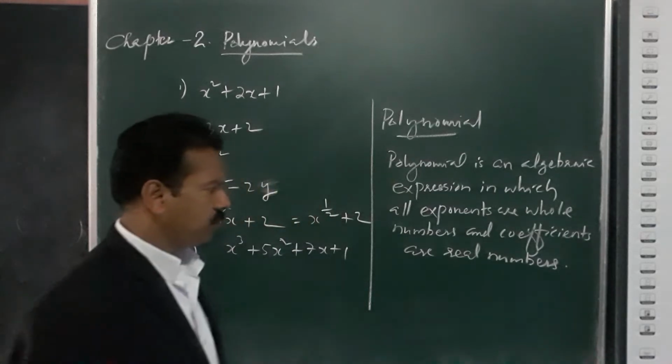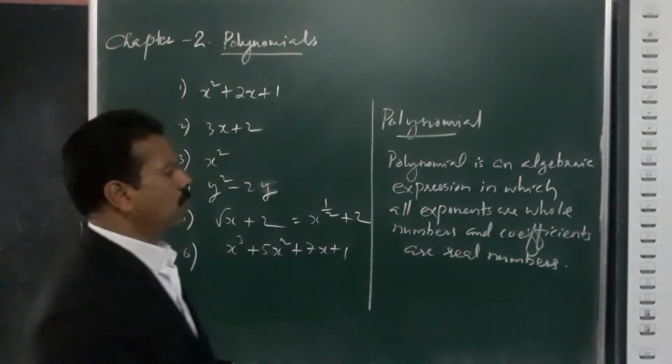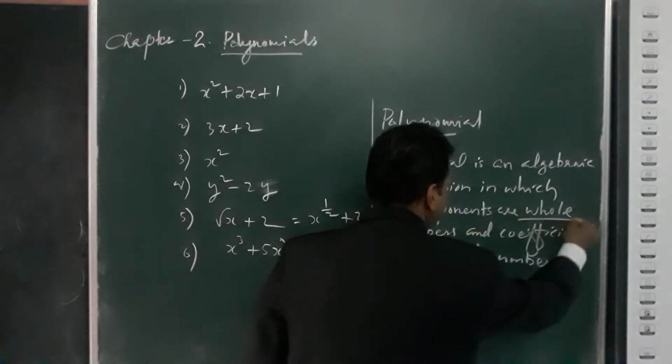Coefficients are real numbers, and all exponents are whole numbers.